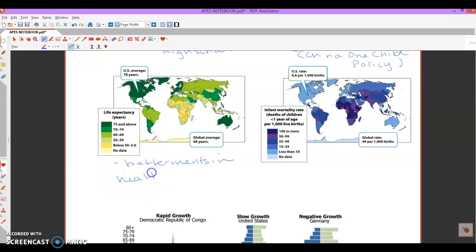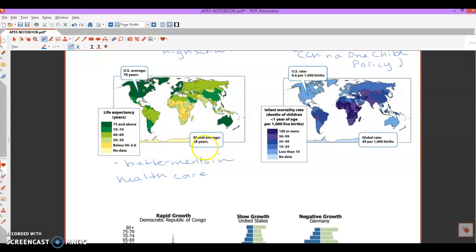If you live in a less developed country, you do not have access to great health care, and so the life expectancy, as you see in several countries in Africa, is going to be much lower. So they tend to die of more things that can be prevented in more developed countries.